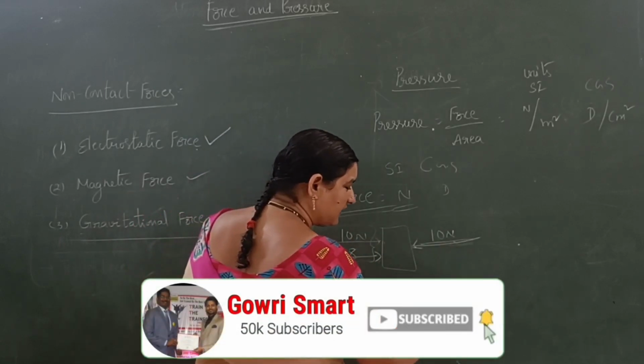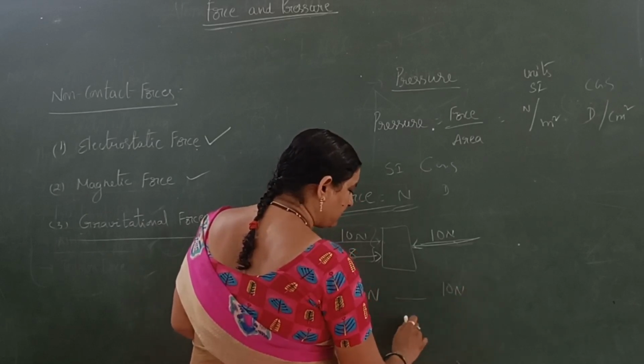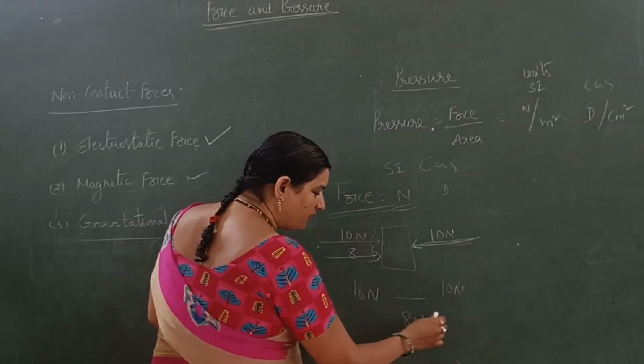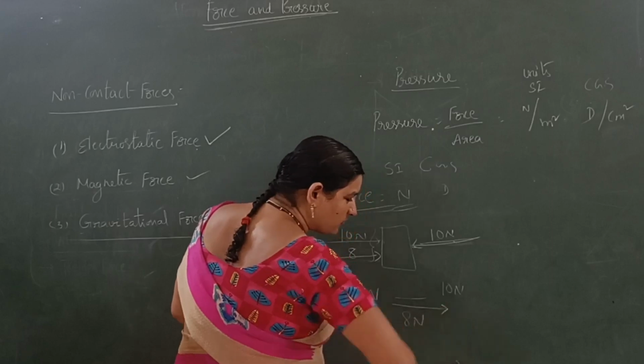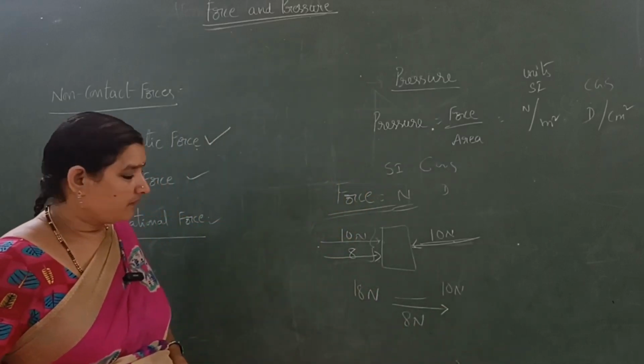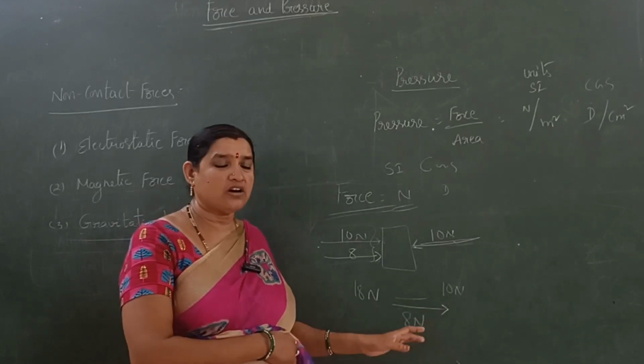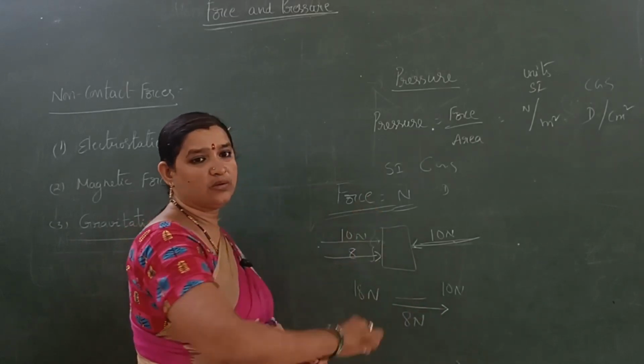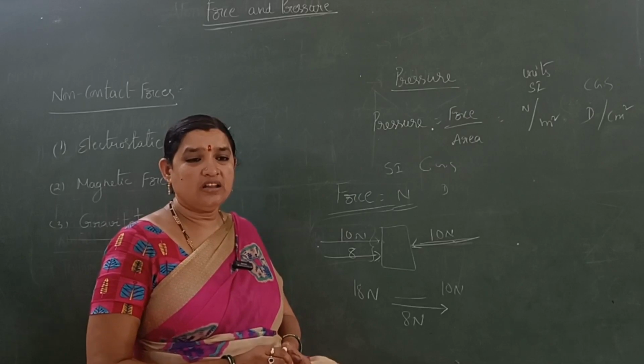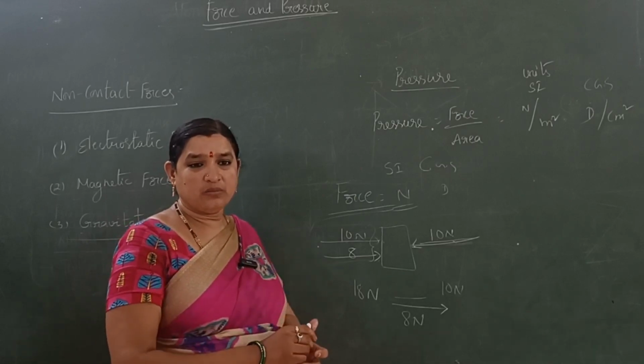The sum of the force here is 10 newtons. The difference is 8 newtons. So with 8 newtons force, the object moves forward. This is called the net force acting on the body.